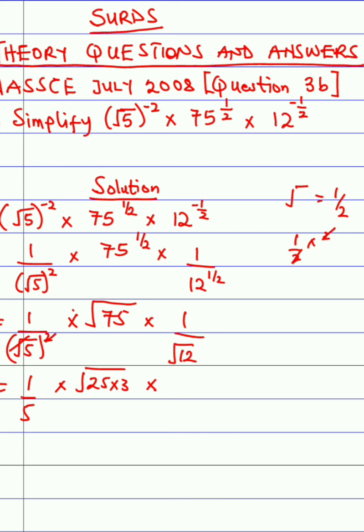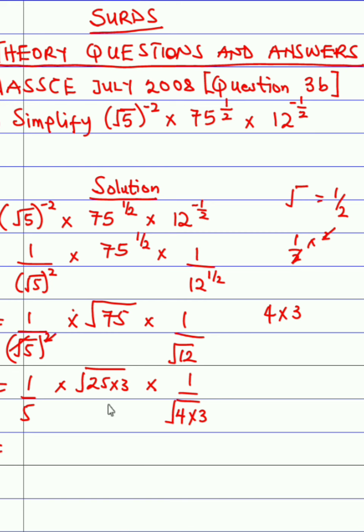We have to get a perfect square which multiplies another number to give us 12. So which number comes to mind? 12 can be broken down into 4 times 3. Now 4 is a perfect square. So in place of root 12, we are going to put 1 over root of 4 times 3.